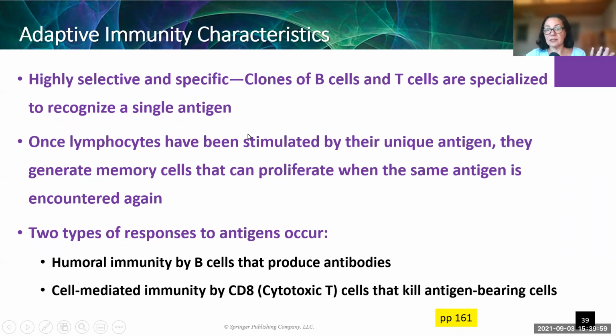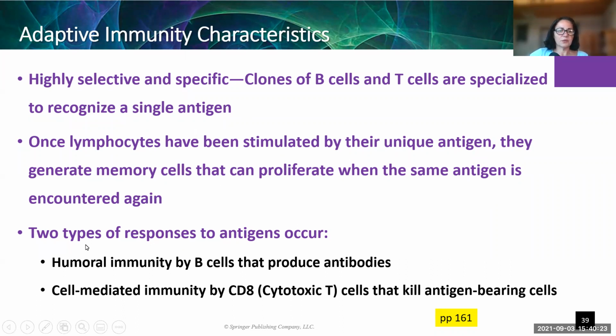They are specialized to recognize a single antigen. Once the lymphocytes have been stimulated, they make lots of copies of themselves, and some of those copies are the so-called memory cells that stick around in case they're needed later, when you're exposed to the same antigen.